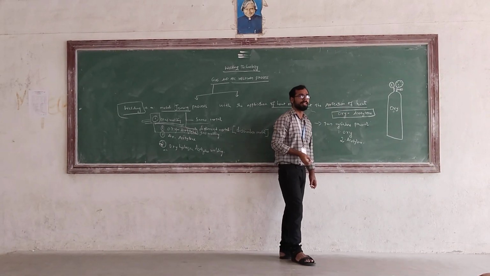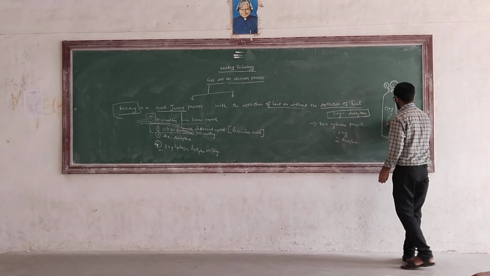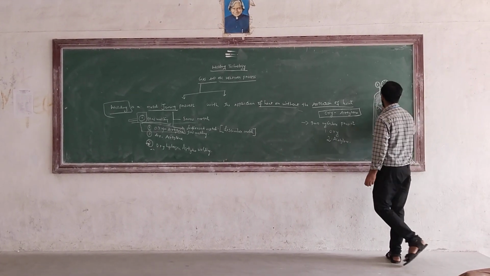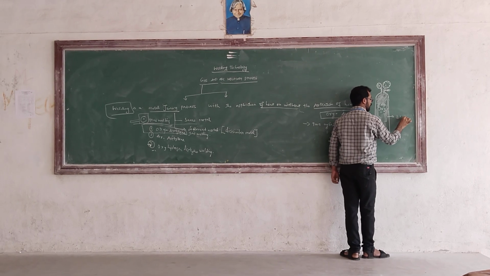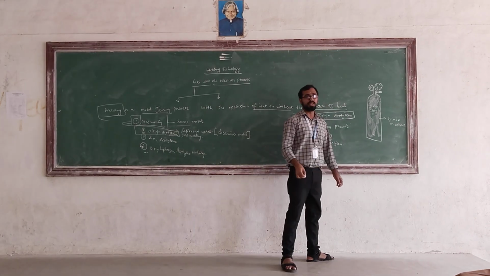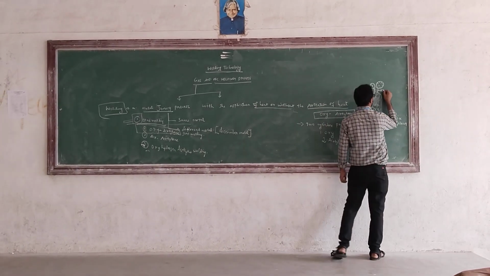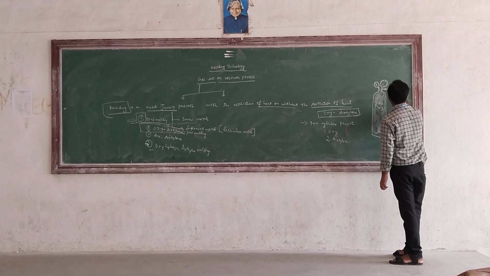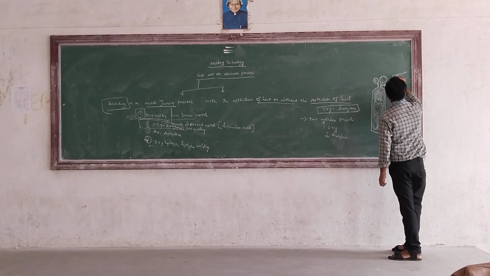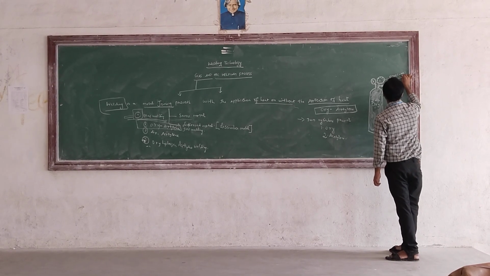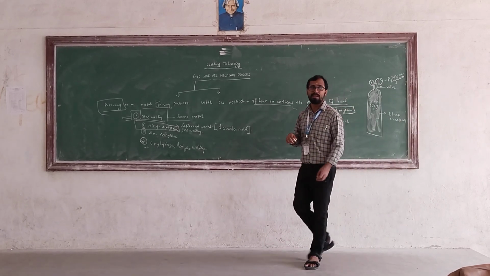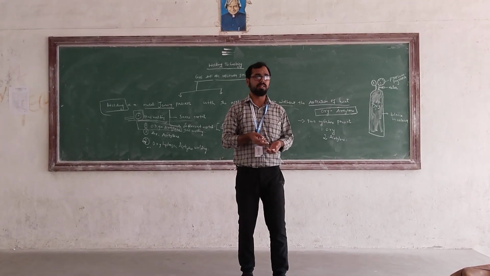This is the oxygen cylinder, which is coded black in color. This is the valve, and this is the pressure regulator, which is used to regulate the amount of oxygen fuel coming out from the cylinder.